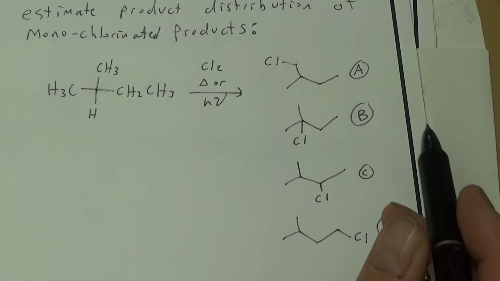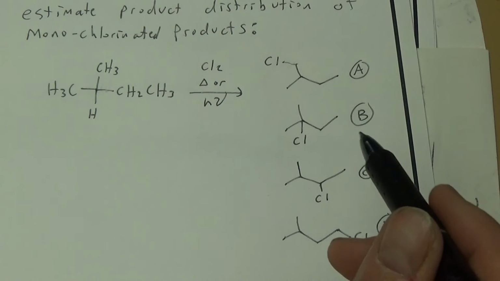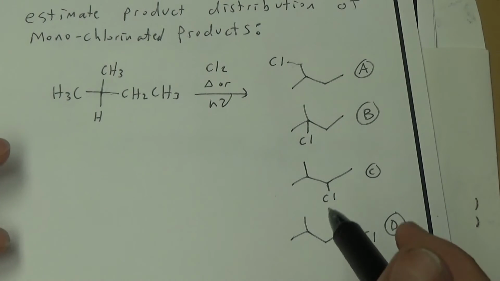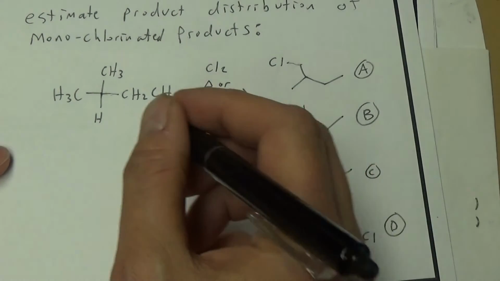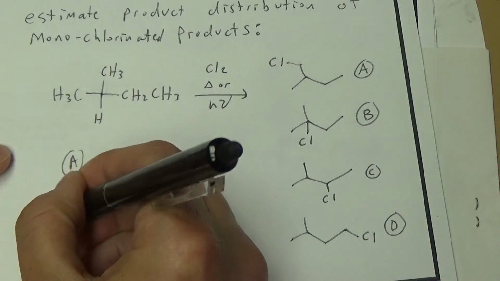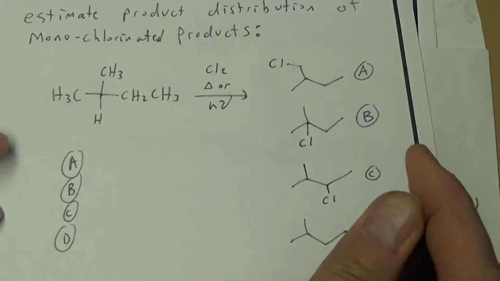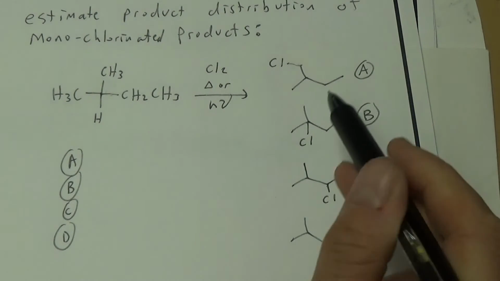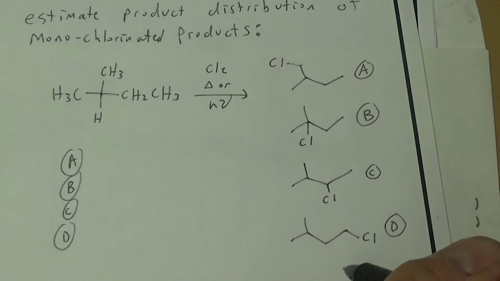So now what? How do we do this? It's a pretty easy process. It's a calculation, and you will do this calculation on a quiz. What I do is write A, B, C, D, because you have 4 products. Now we just have to figure out the estimated yield of those 4 things.